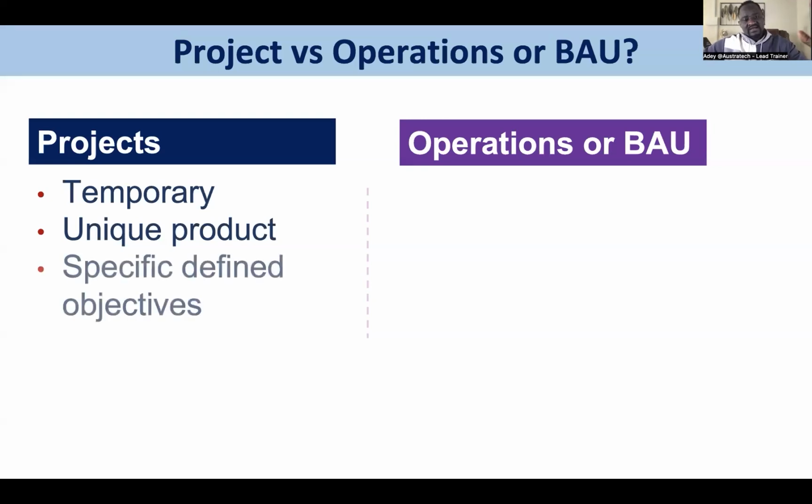Now, for projects, you always have defined objectives around what you're trying to achieve. It could be regulatory compliance based on the reasons we gave, introduction of a new technology, maybe a customer relationship management system. It can be a human resource management system. It could be in construction.